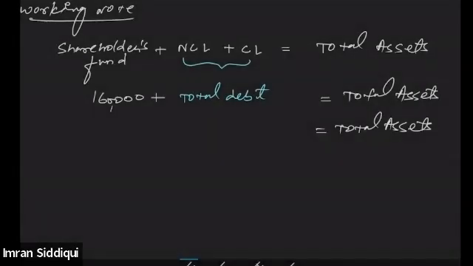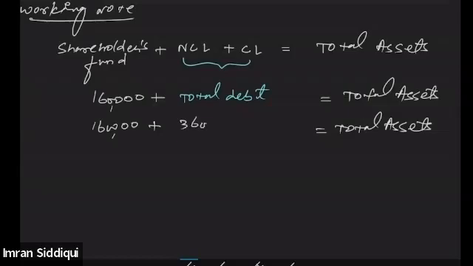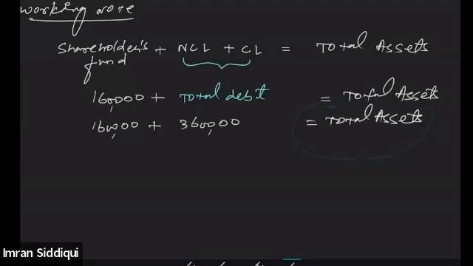Now 1,60,000 plus total debt is given as 3,60,000 in the question. So the value of the total asset will be 5,20,000 only.